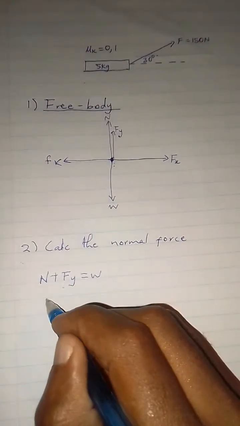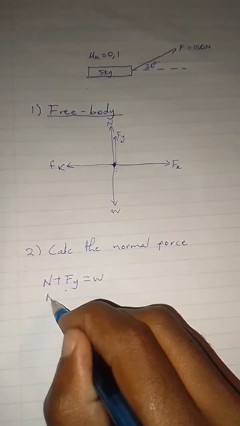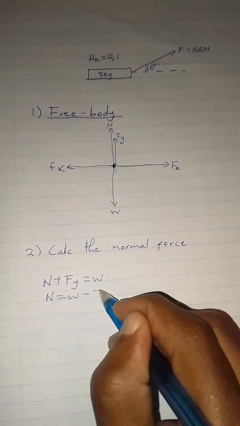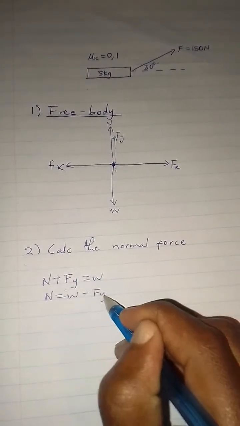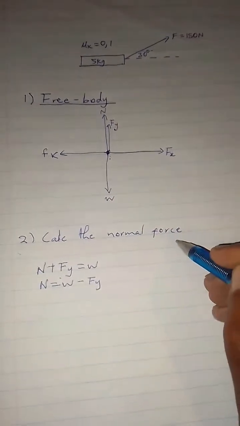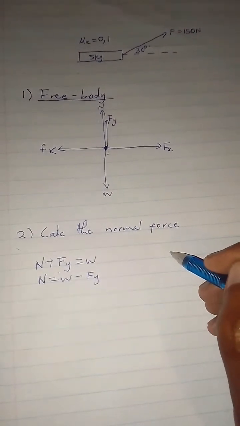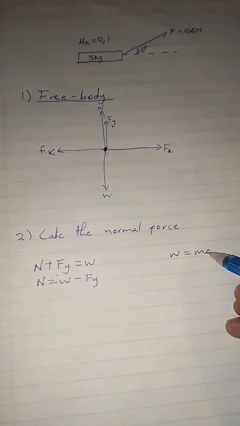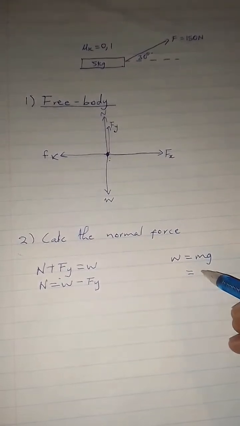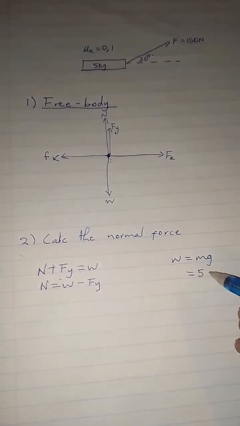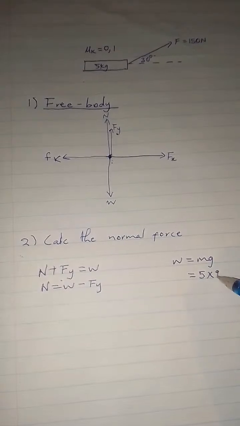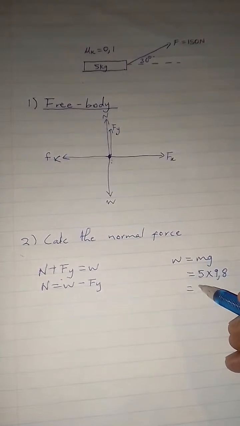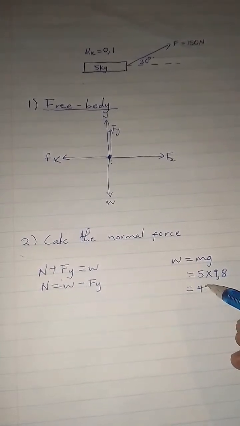So we're going to make N the subject of the formula: W minus Fy. So let us calculate W. The formula for W is mg. The mass for this object is 5 times 9,8, which is 49 newtons.